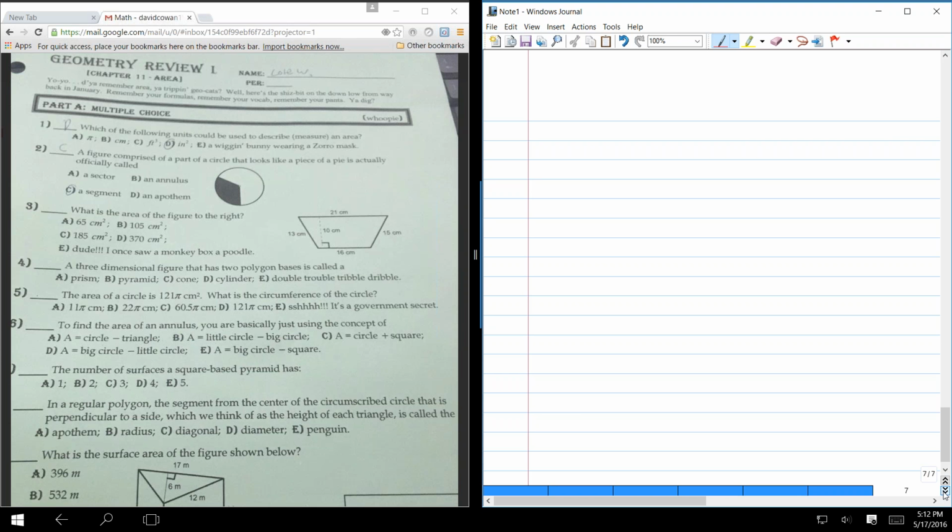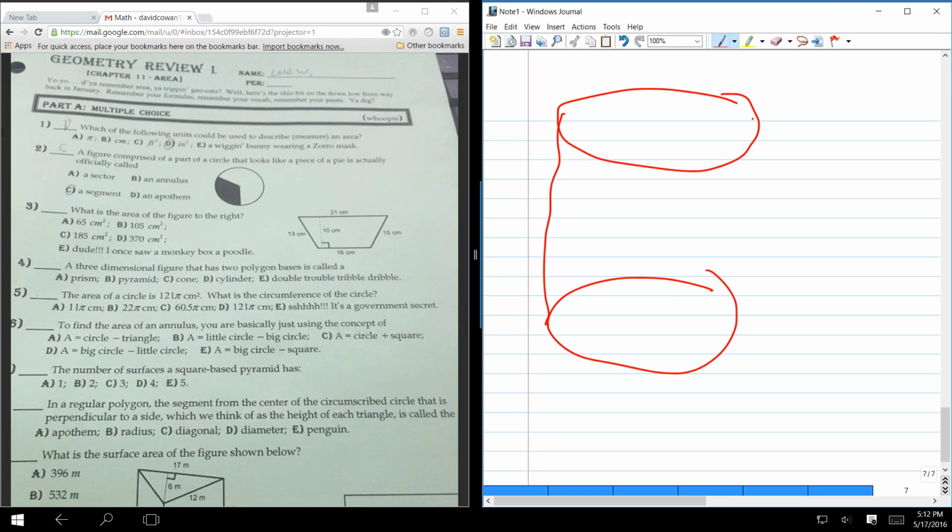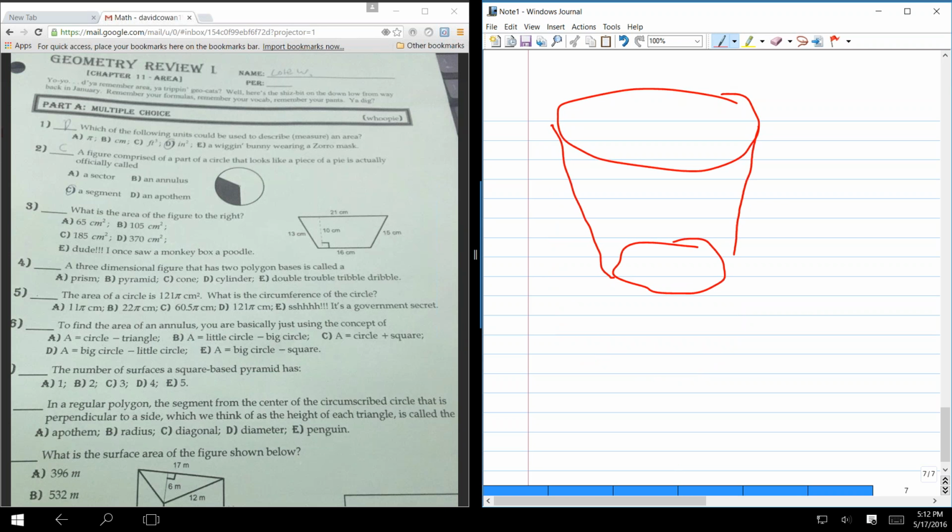Otherwise, it's not a prism. In other words, if I draw something like this, that's a prism. Okay? But if I make the smaller base like this, that's not a prism. Yeah. It has to be the same throughout.